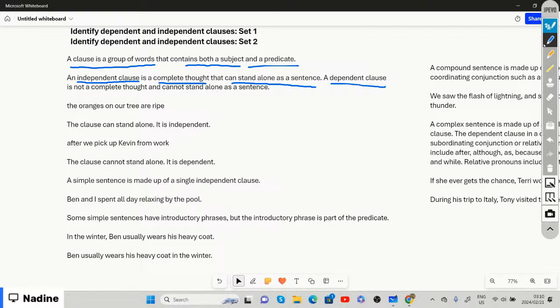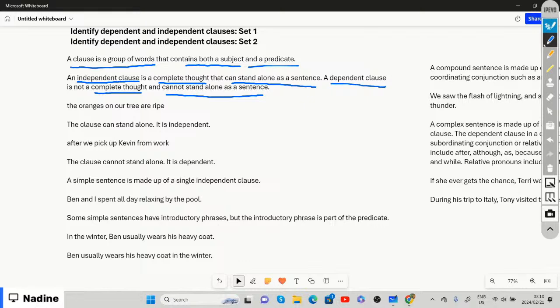A dependent clause is not a complete thought and it cannot stand alone as a sentence. You still need your parents for the day to day things. It's going to be very hard for you to stand on your own, because when it comes to toiletries, when it comes to food, when it comes to certain things, you basically still need your parents, right?